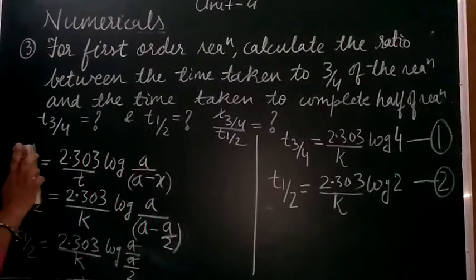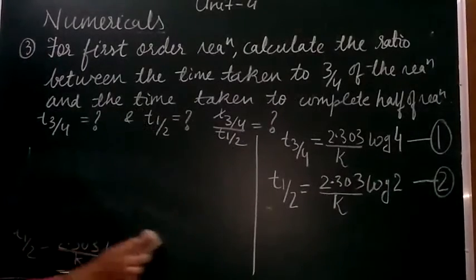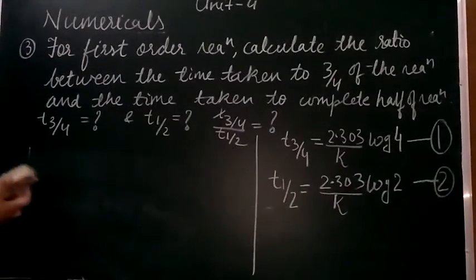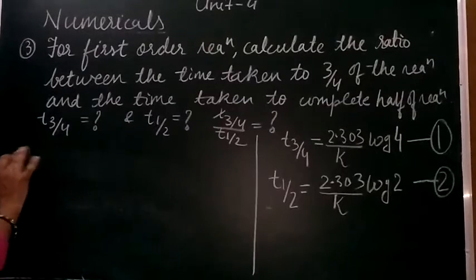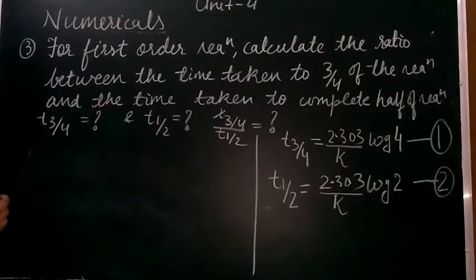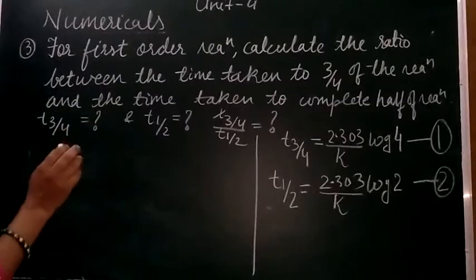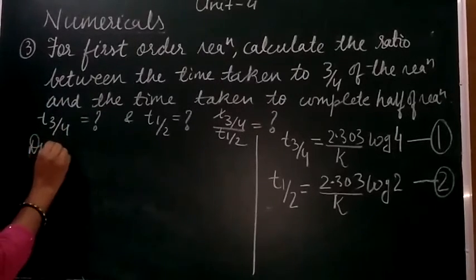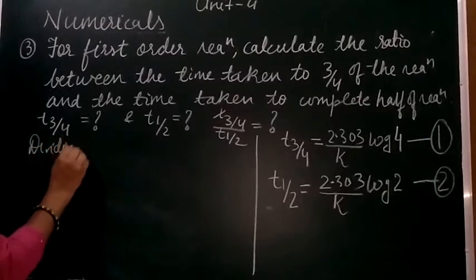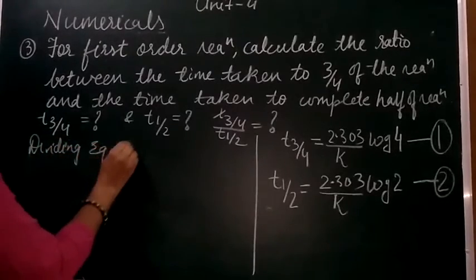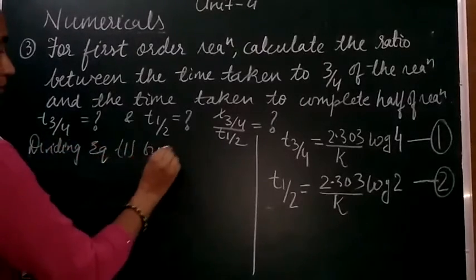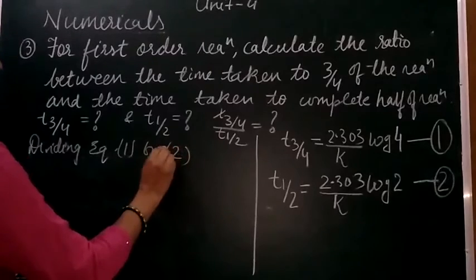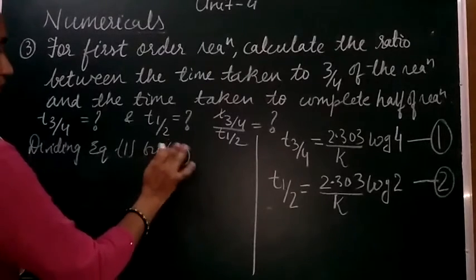So you can just get the ratio of the two. For it, we are just going to take the ratio of the first two equations. So we can have it in this way: equation 1 by equation 2.